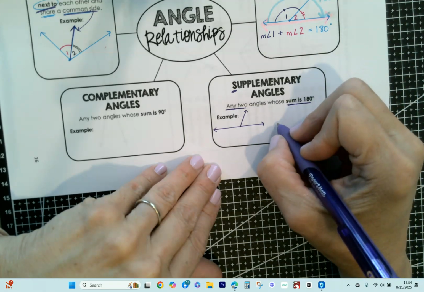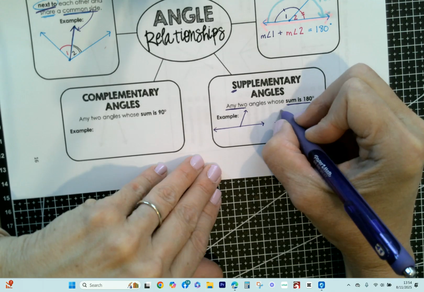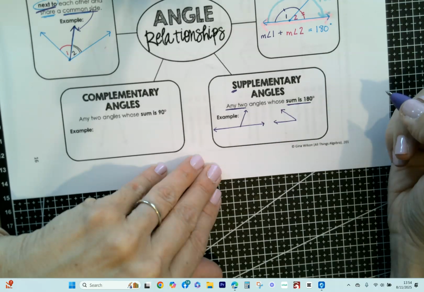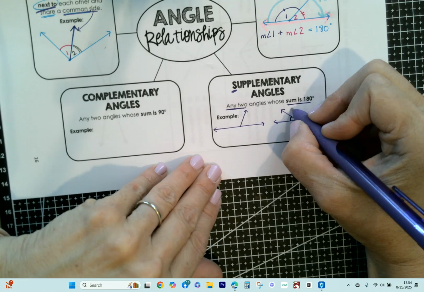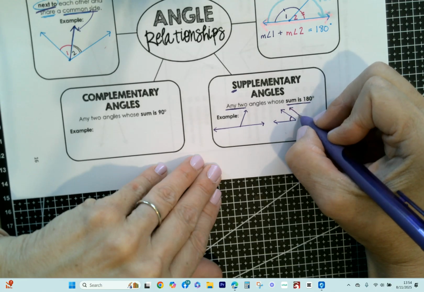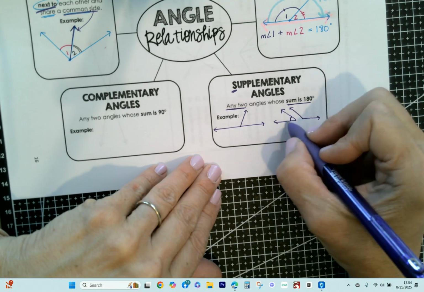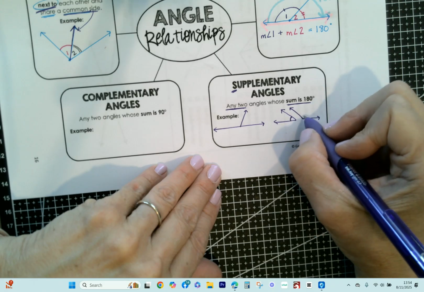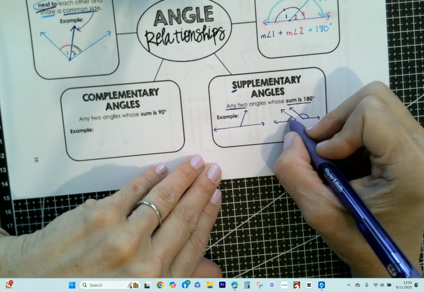Let's draw an angle here. So we have this one, and then kind of make another one that's a little slanted this way. So this one is thin and this one is thicker.